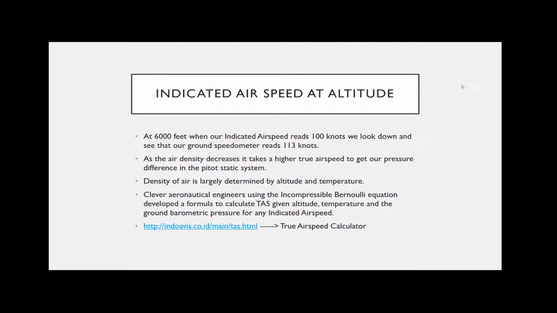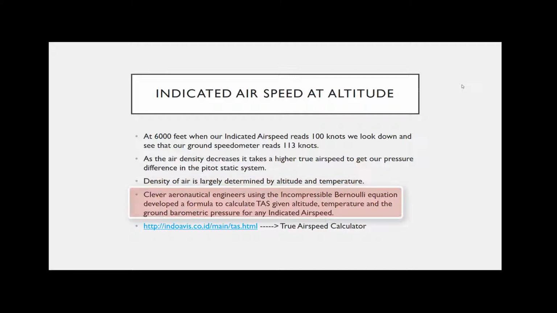It turns out that the less dense the air gets, the faster we have to go to generate a pressure speed of 100 knots. The density of air depends mainly on altitude, but also on temperature and very slightly on humidity.